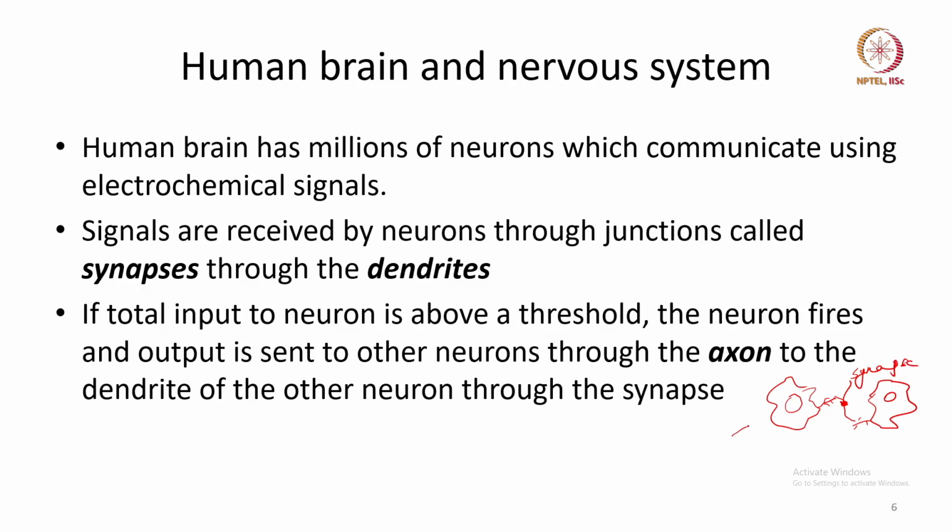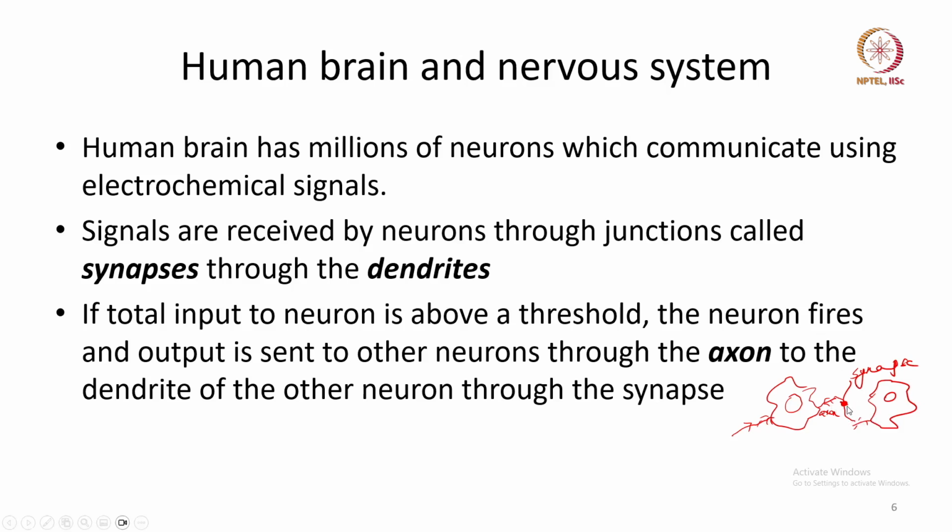So you may be getting the input going into this through some link which is known as the dendrite basically, and this is called the axon. So what happens is that the information from this cell to this cell is passed on through the synapse basically, okay, through the dendrites basically.